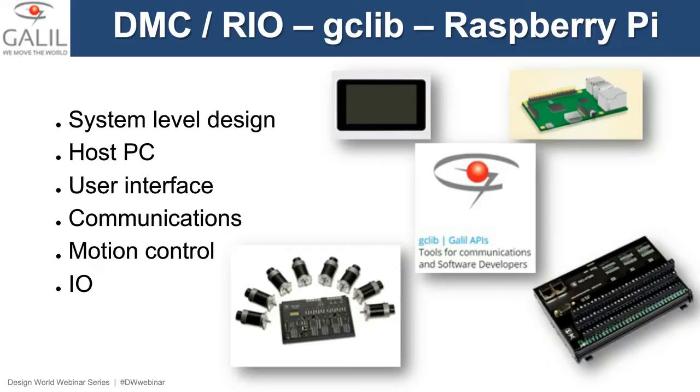The Galil is really going to handle the motion elements, the I/O elements. Each is doing what it's good at. You have the general computing linked up with the real-time computing, and you can really make a powerful application through these combinations. So, what is this going to look like in real life?